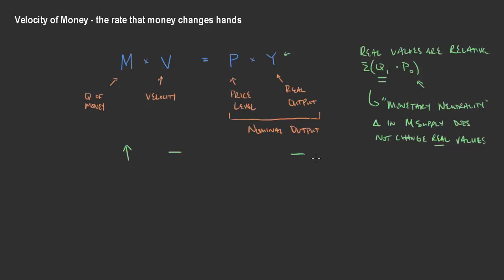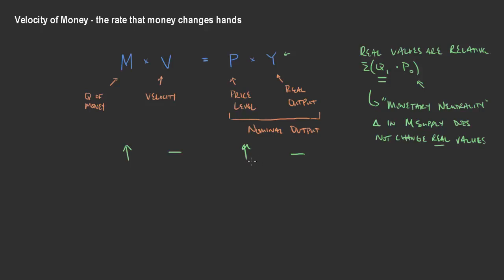Well, then for this equation to balance, when the money supply increases, the price level must increase as well, one for one. So if the money supply increases and velocity is constant, and the real output is unaffected, then the price level in the economy must be what balances the equation.